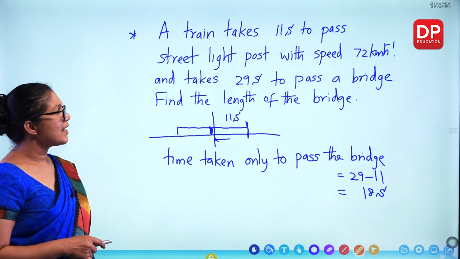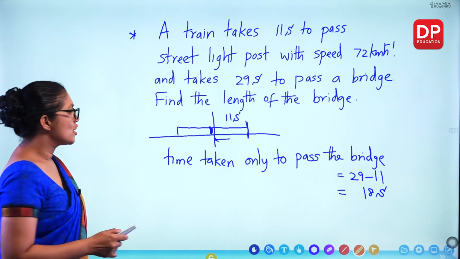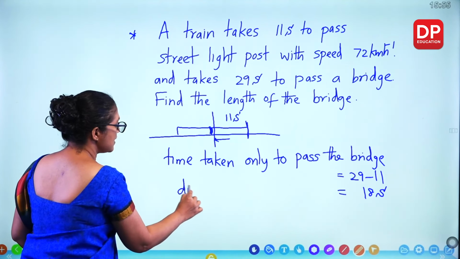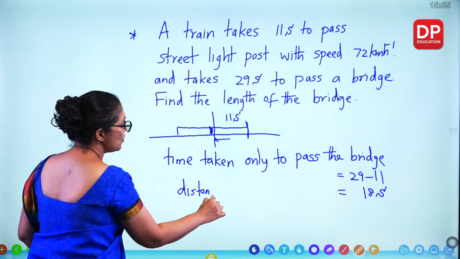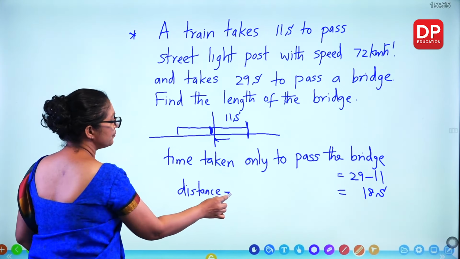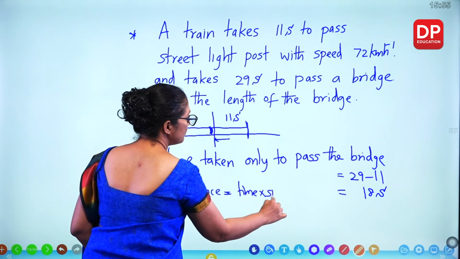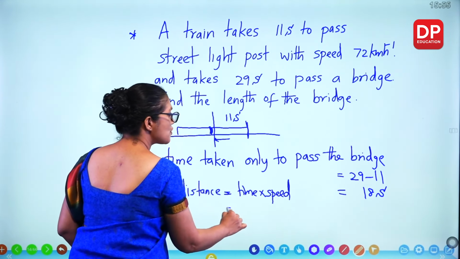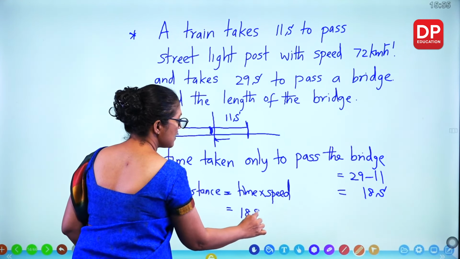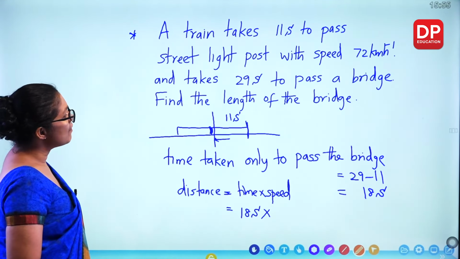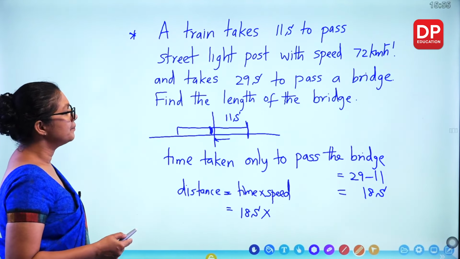How can we find out the length of the bridge? So length is the distance. Distance is equal to speed into time. We know time is 18 seconds and speed is 72 kilometers per hour.